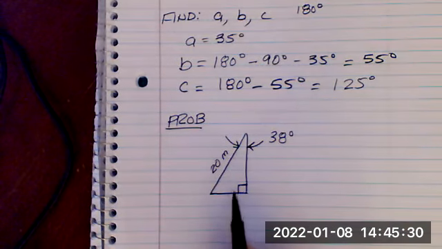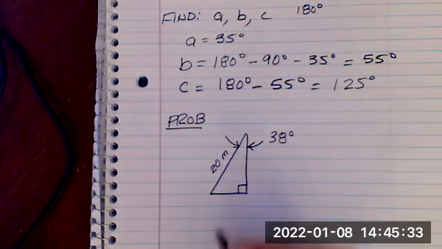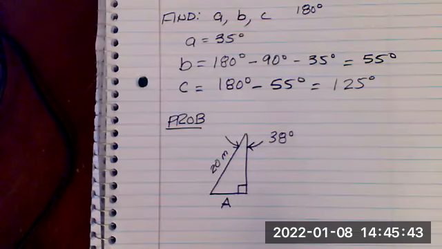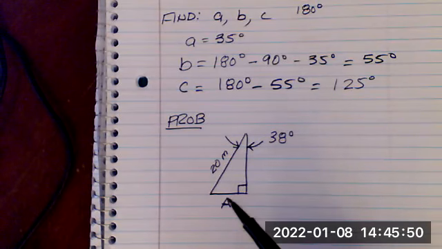And we know this is 90 here, right? And this is the side we want to find. We want to find out what side A, or leg A, of the right triangle is. So if we look at this, we can use the sine function because we know the opposite side over the hypotenuse.